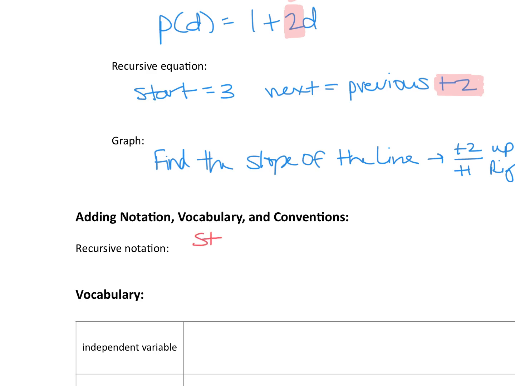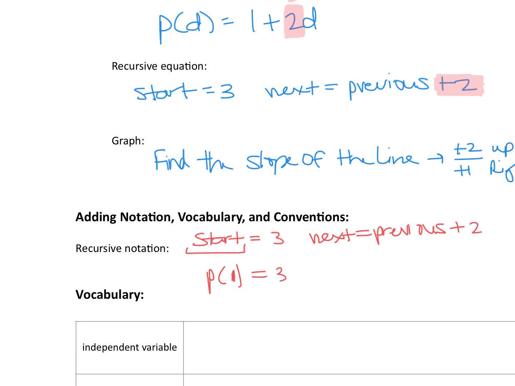So we have start equals some number, and then we have the next equals the previous plus 2. So if I were to use function notation for a recursive equation, it wouldn't say start equals. It would actually tell me which term in the sequence is the 3. And so in this situation, it was P of 1. So the push-ups after 1 day. So this right here, we would replace with P of 1 equals 3.